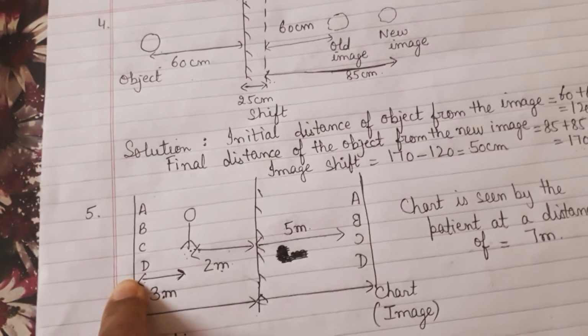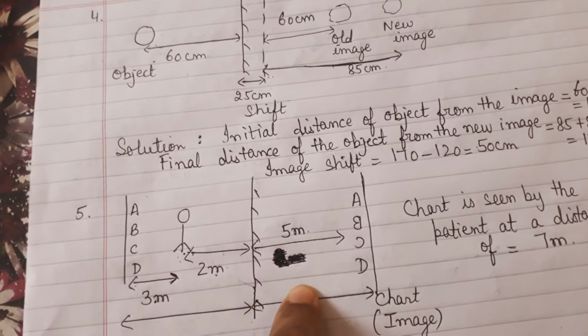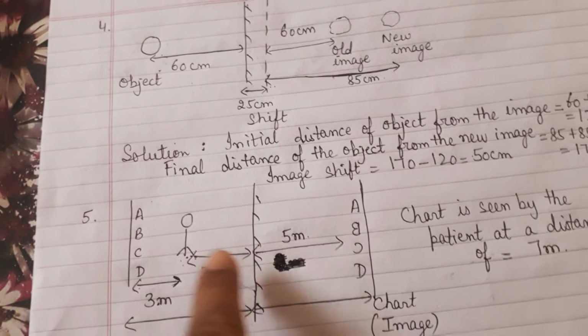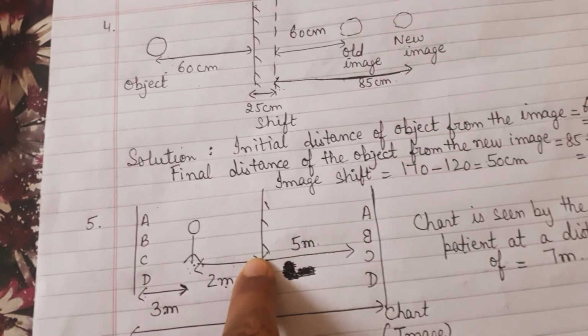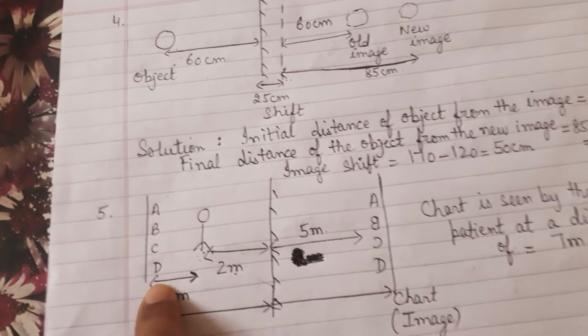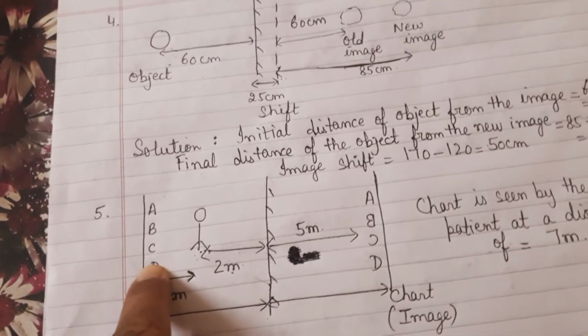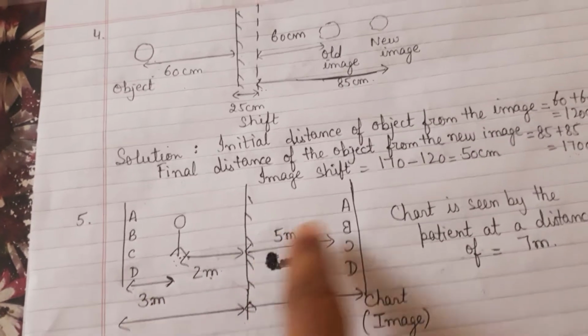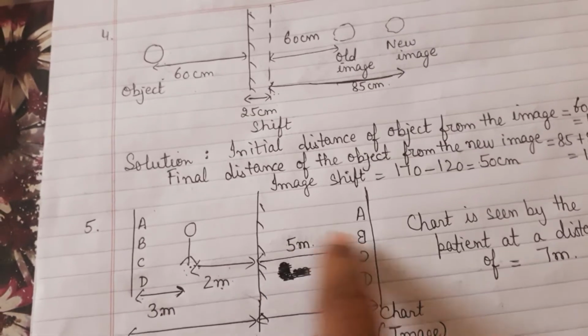Now the question is, at what distance is the chart seen by the patient? Now see children, the patient is at a distance of 2 meters, but the chart is behind him 3. So therefore the total distance of the object, which is the chart, from the mirror is 5. Naturally, the image will also be formed at 5 meters, right?